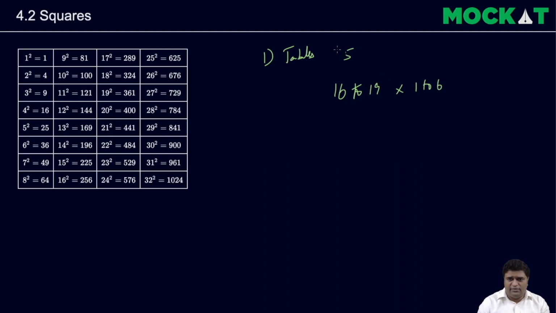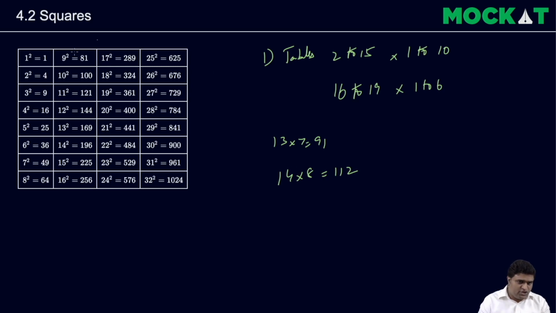This part over here, let me write it clearly. 1 to 15 or 2 to 15 into 1 to 10. Again, I need you to know it the way you know 2 into 6 is 12 or 4 into 6 is 24. You should be able to say 13 into 7 is 91, 14 into 8 is 112, and so on. Now, why is this important? Because this examination is as much about speed as it is about accuracy. You've got to be quick in answering questions. So therefore, this will really help you a great deal when you're answering questions.